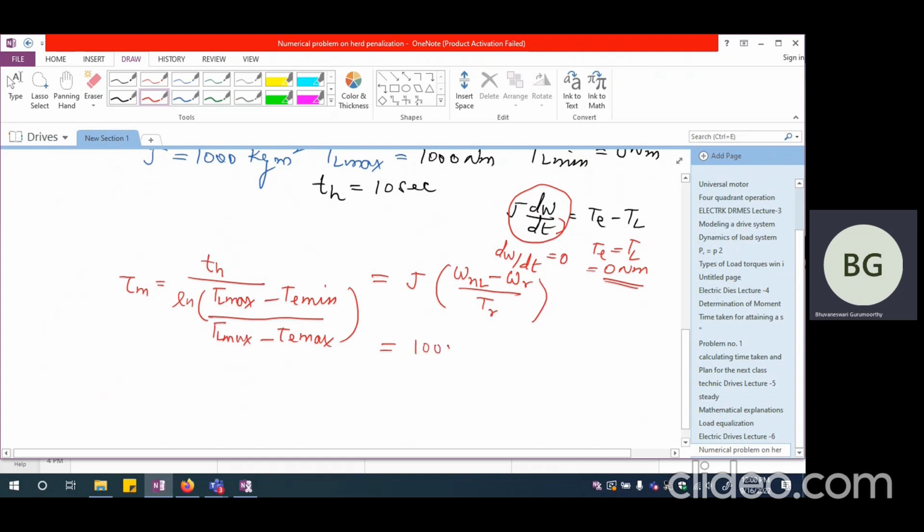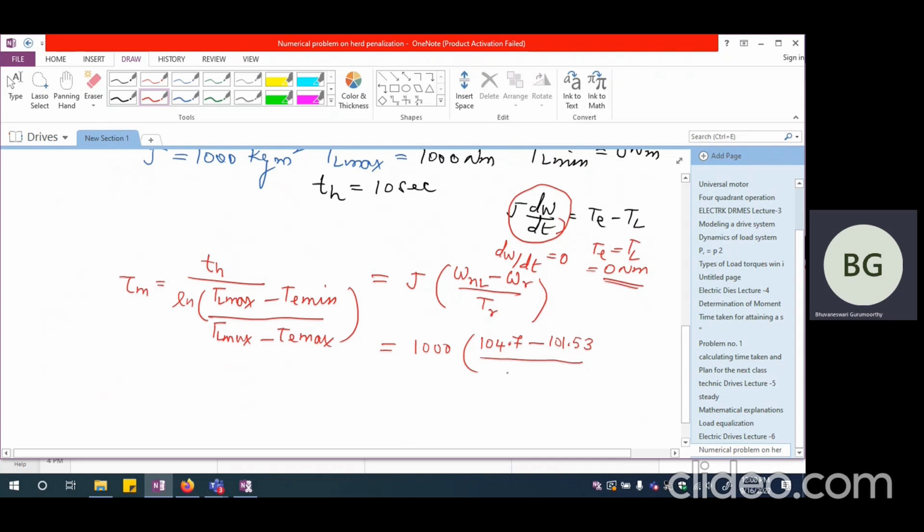So let's try to substitute these things here. J is given as 1000 kg meter square. Omega no load, that is 1000 RPM, which is 104.7 radians per second. And omega r is 970 RPM, which corresponds to 101.53 radians per second.